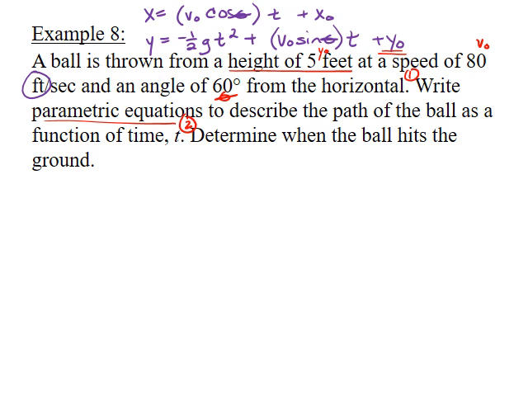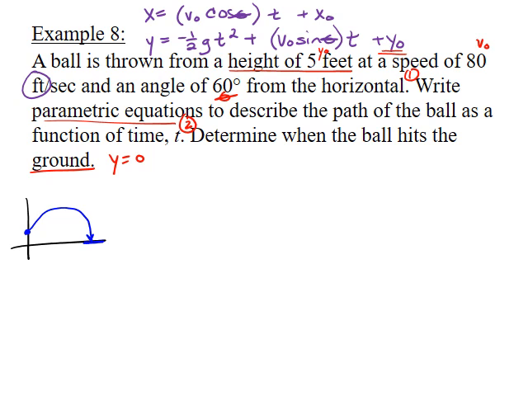The ball is going to hit the ground when the height is 0. Remember, y represents the height, so we want to find when y equals 0. So essentially what's happening is this ball is starting at 5 feet, it's going up and coming down, and we want to find when it hits the ground.